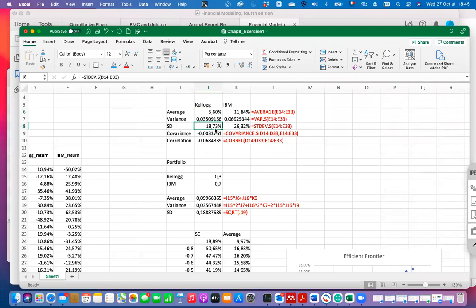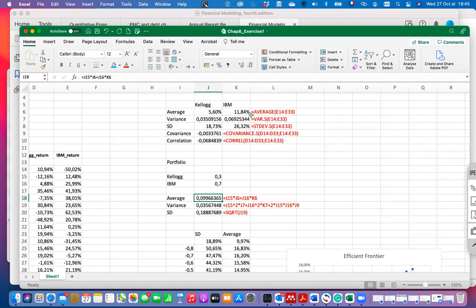Now, thanks to the diversification, the portfolio displays the same level of risk, almost 18.88%. See, 18.73%, and almost the double of the return of Kellogg. It's a good thing with diversification.